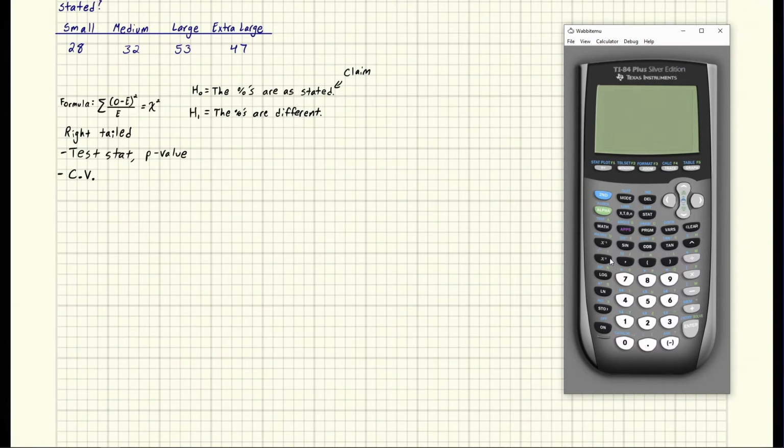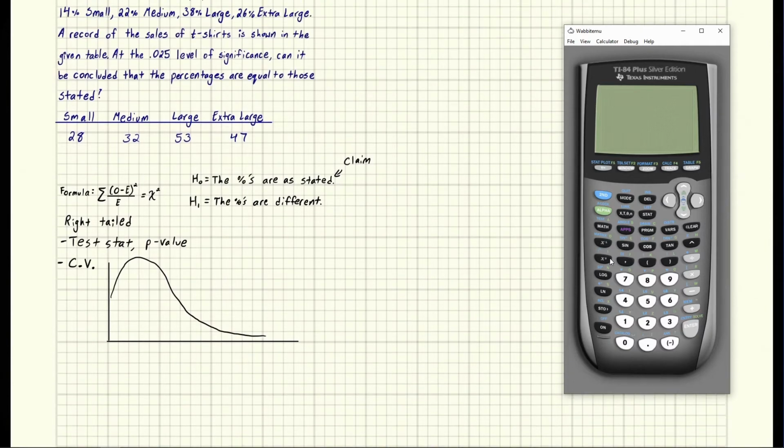And I like to draw out the curve. Now, chi-squared curves are kind of funny looking things. They come up and they come down like this. They're not symmetric like normal distributions are. They're these sort of weird looking things. And we want to know our critical value. So our shaded region is an alpha of 0.025. So we know it's right-tailed.